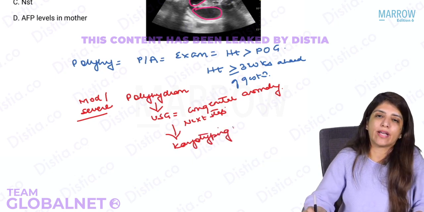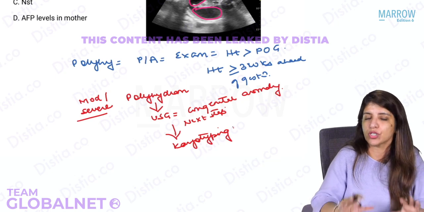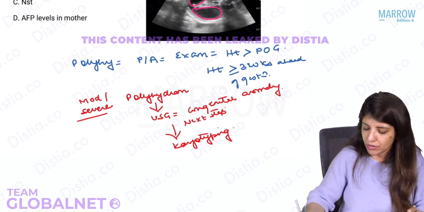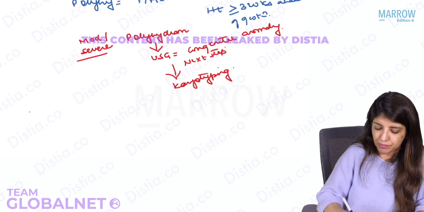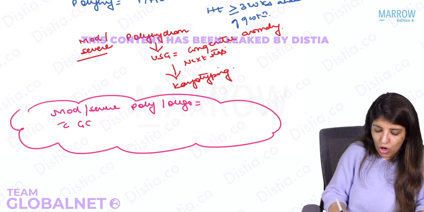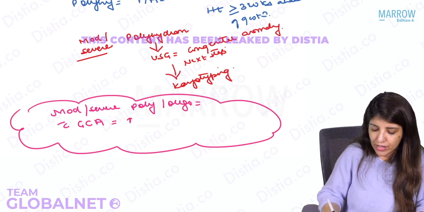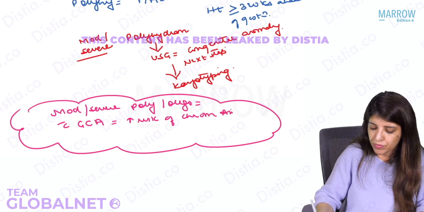You should always go for karyotyping because in all cases of moderate or severe polyhydramnios or oligohydramnios with gross congenital anomalies, there is an increased risk of chromosomal anomalies also.